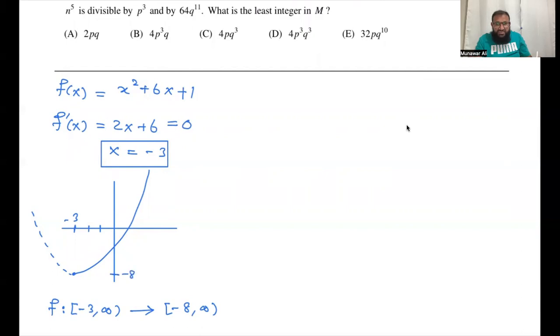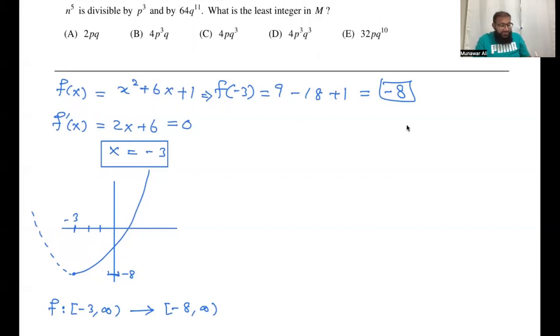Let's see whether it is -8 or not. You just substitute -3 into the function. This becomes 9 minus 18 plus 1, which gives us -8. So the range of the function is from -8 towards infinity, and the domain is -3 to infinity.